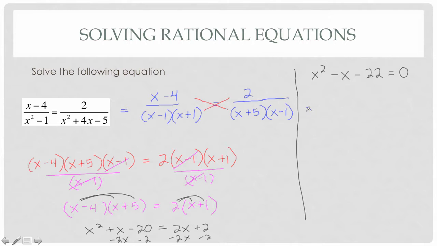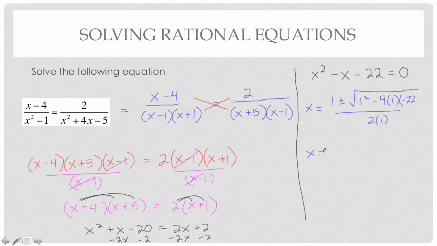So x is going to equal negative b. B is 1, so it's positive 1 plus or minus the square root of b squared, so 1 squared, minus 4 times a, which a is 1, times c, which is negative 22, all divided by 2 times a, 2 times 1.